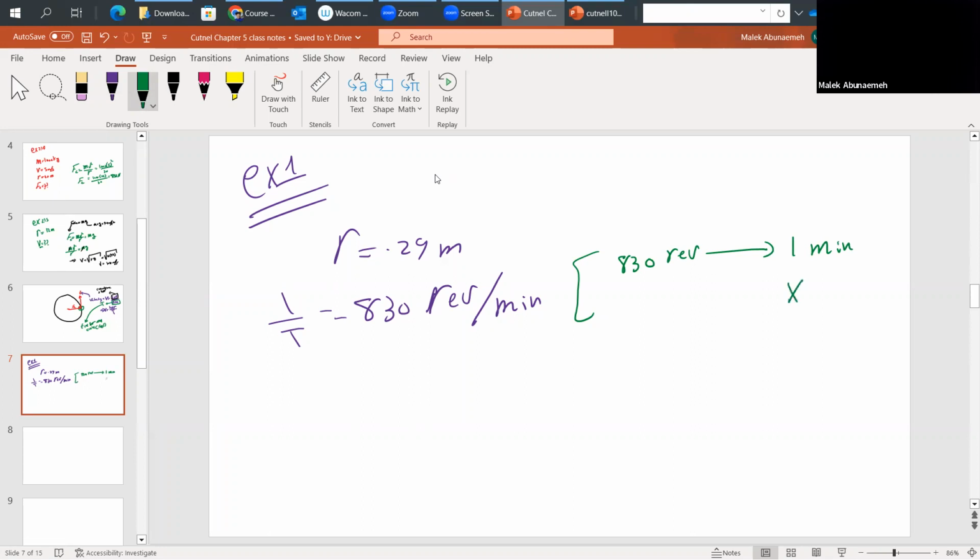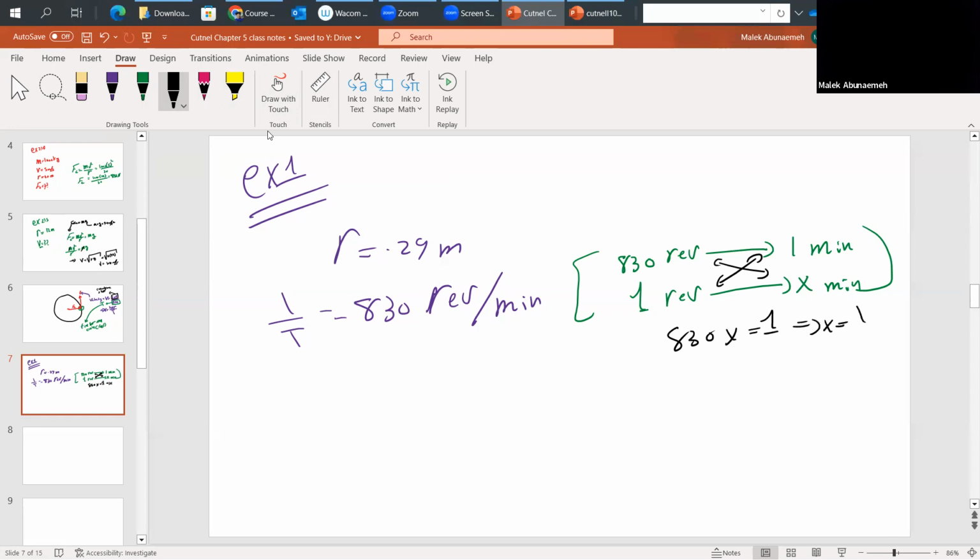How many minutes do we have? How many revolutions do we have for x minutes? Cross multiply. That means 830x is going to equal 1.